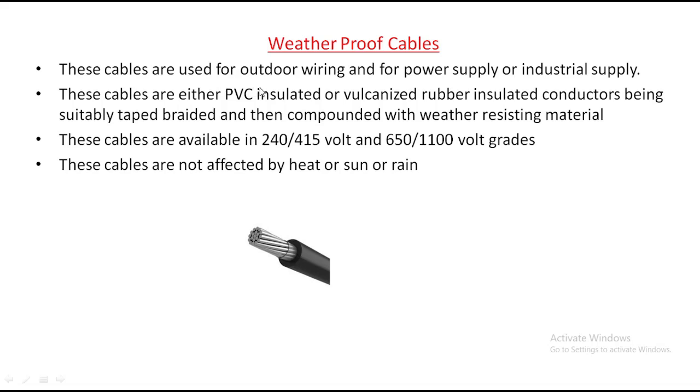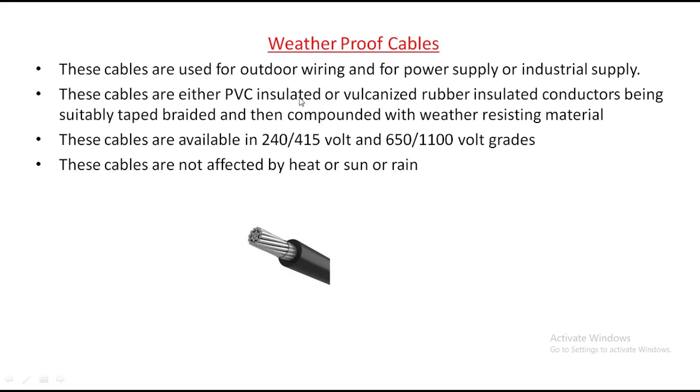These cables are used for outdoor wiring, for power supply or industrial supply. Generally they are used in outdoor wiring. For indoor wiring there is no problem at all, as indoors there is not much difference in temperatures, but outdoors we have a lot of temperature difference. These cables are either PVC insulated or vulcanized rubber insulated conductors.